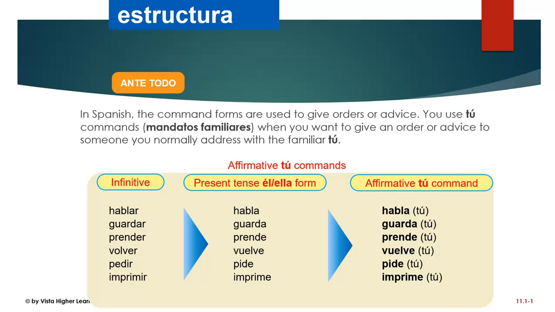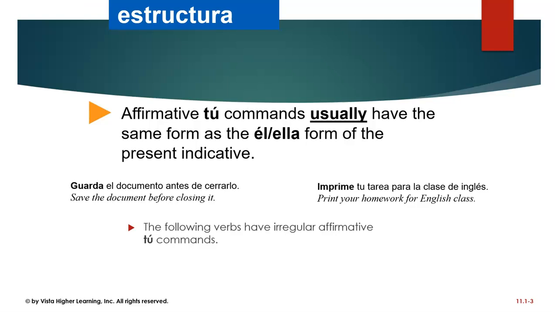So if you want to say to one person, speak in Spanish, habla en español. Okay? If you want to tell them, print your file, imprime tu archivo. Okay? So we're just going to use the él, ella, usted form for those. Okay? And they usually have the same form.